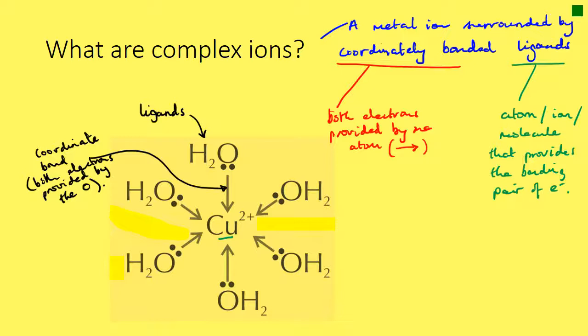Both electrons are provided by the oxygen atom of the water molecule, because oxygen in a water molecule has 2 lone pairs of electrons, and so one of those lone pairs is offered up as the coordinate bond to the copper 2+ ion.